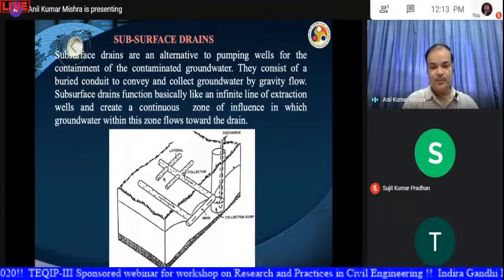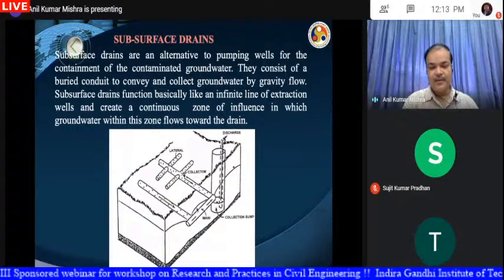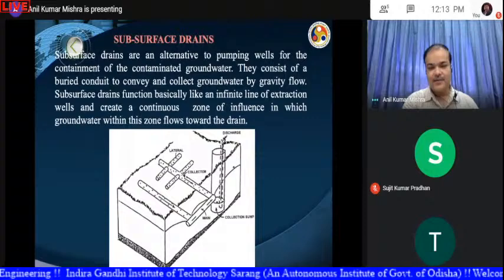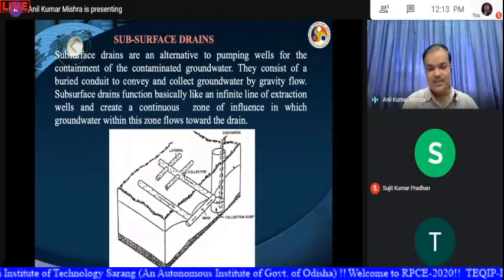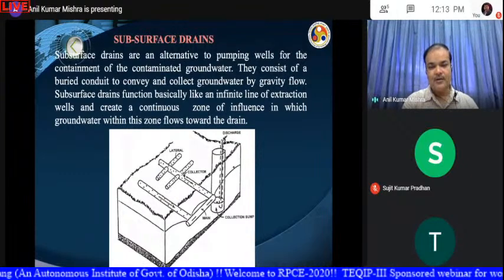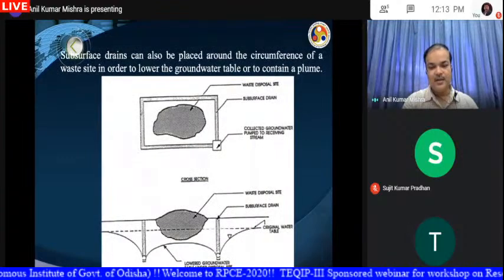We can also provide a drain below the contaminated surface, or maybe on the side also. In these drains, the water will pass through and can be extracted using this discharge well. And when the water passes through this, the water table lowers down and it will pass below your contaminated soil.